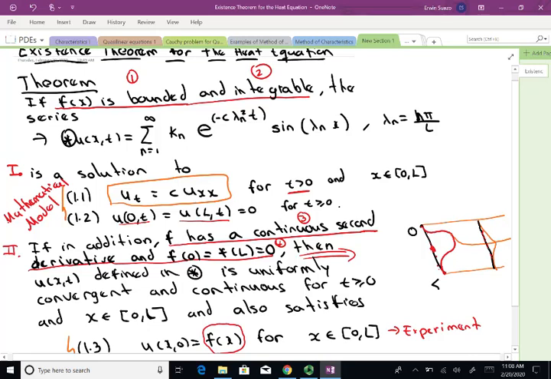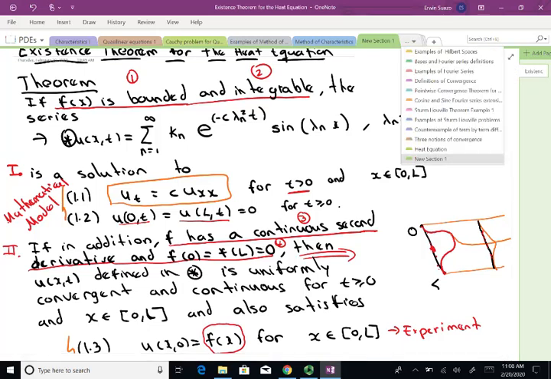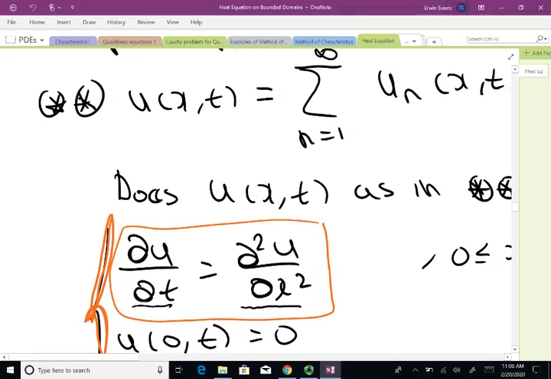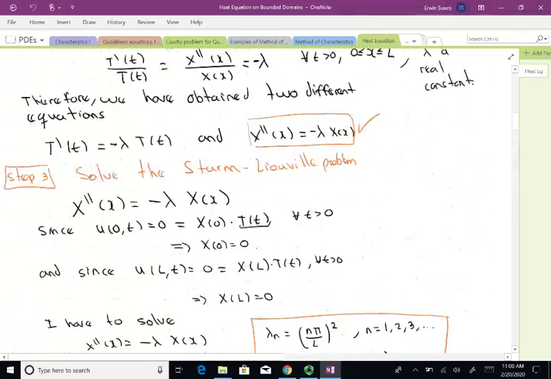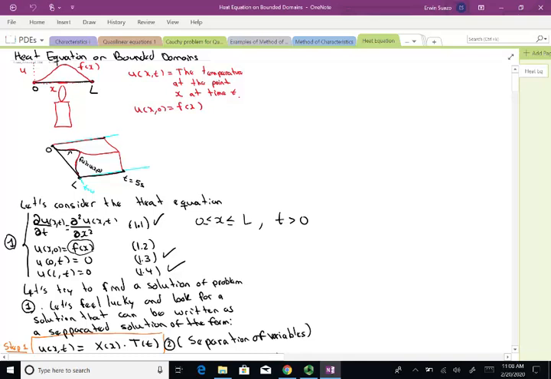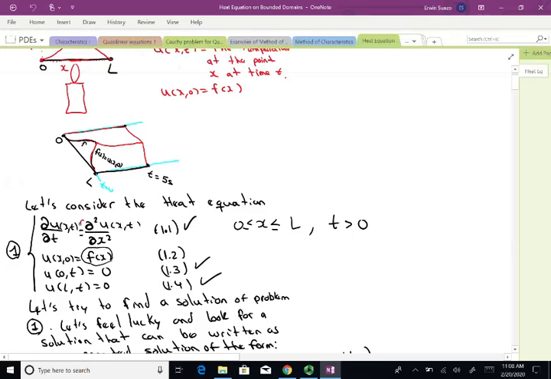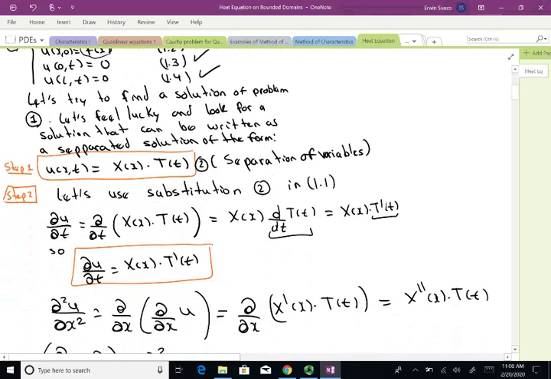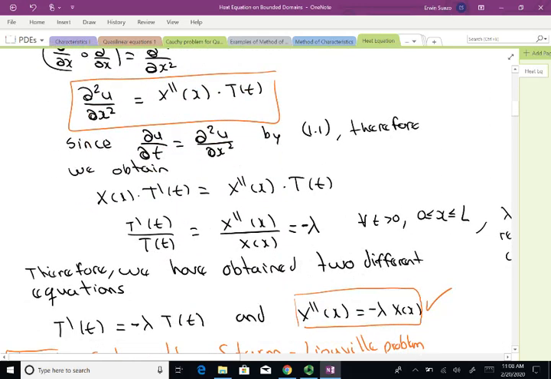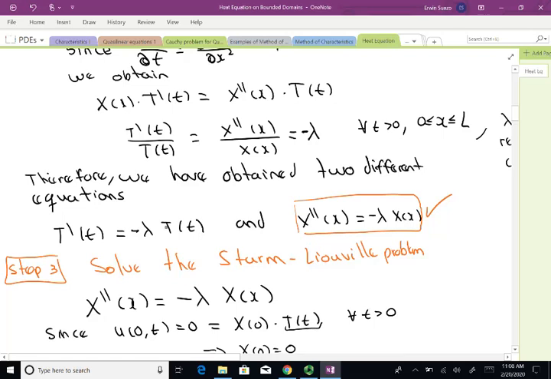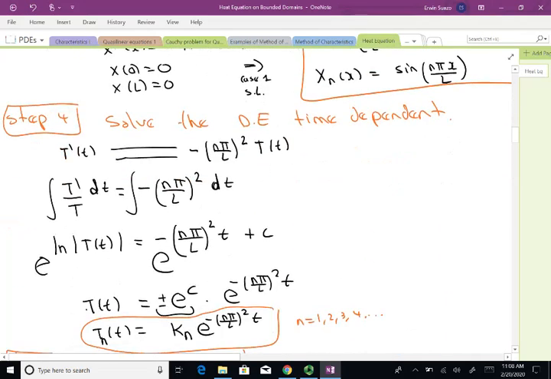To prove that u(x,t) is a solution of this, notice I just put my c, but that c is not a problem, because when I did my separation of variables, I could put c here, and then I'm going to get the c here. And then I just carry that c with t.